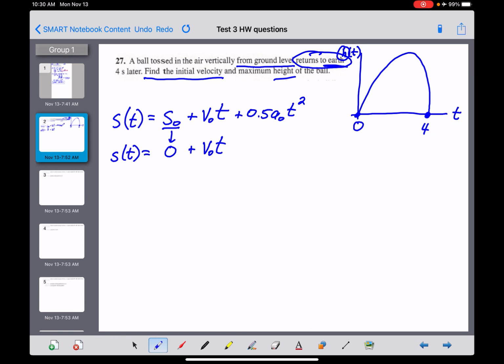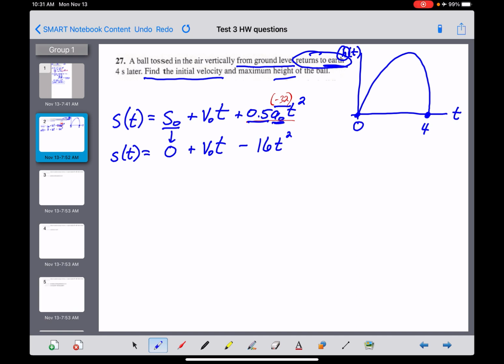You guys know that I like feet better, so I'm going to go with, remember that A naught on Earth here, everybody, is a negative 32 feet per second squared. And when we multiply that by 0.5, we're going to see a term we very often see in these free fall problems, minus 16t squared.